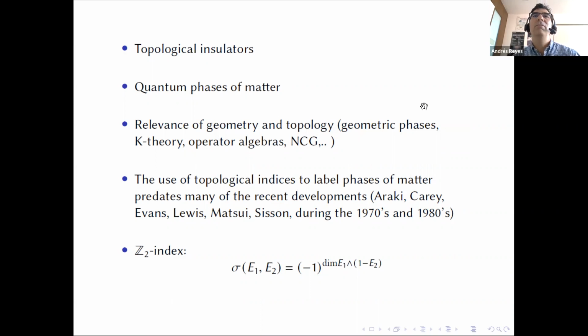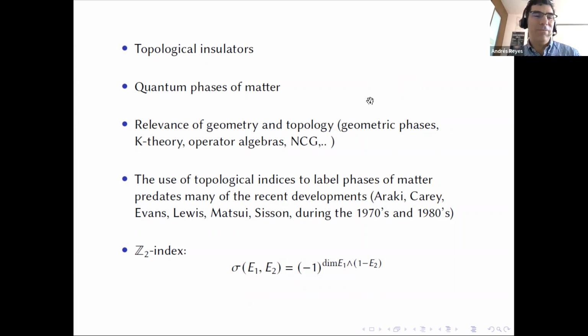So there are different ways of studying these systems. And we have a periodic table classifying different phases of matter according to the type of symmetry and so on. And well, from the point of view of mathematical physics, K-theory, operator algebras, ideas coming from non-commutative geometry have proven to be quite useful in this classification.